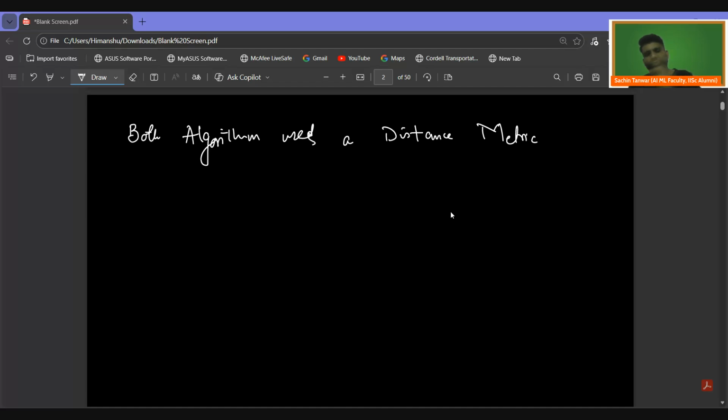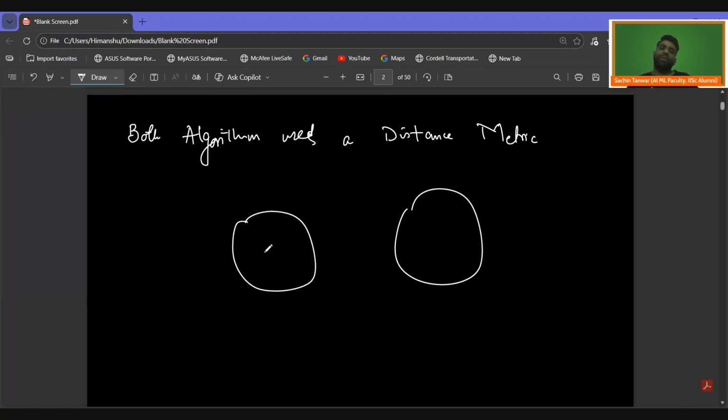Both of these algorithms need a particular distance metric, and they say that where the distance between two data points is less, they are going to look alike, or belong to the same category. Just giving you an example: we have some set of data points over here, some set of data points over here, and I'm bringing a new data point over here.